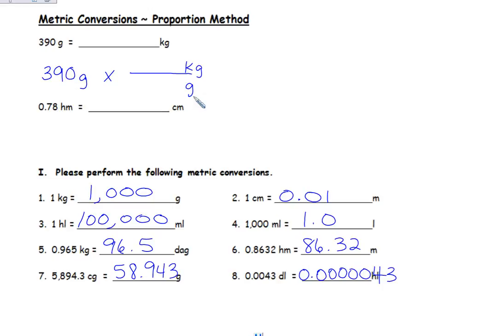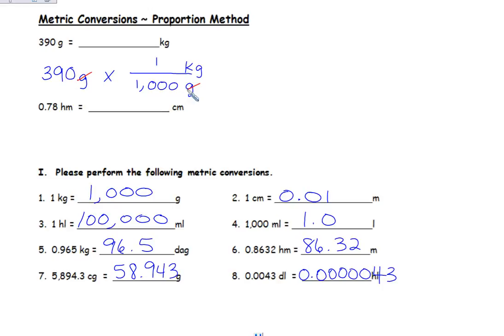Now what goes on the line is the conversion, or the relationship, between kilogram and gram. So you could say 1 kilogram is 1,000 grams. And then again, this gram on top, gram on bottom would cancel.